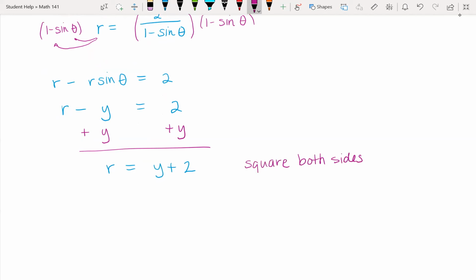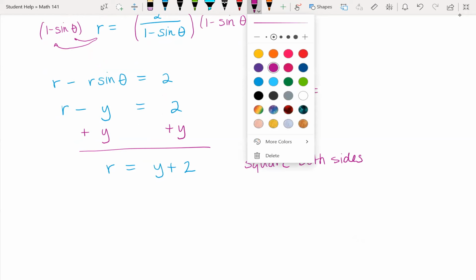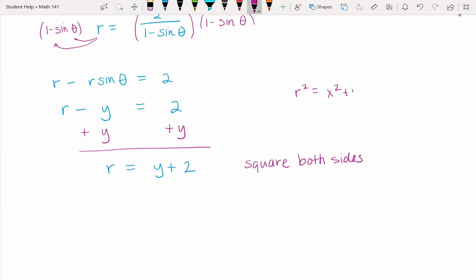Now I'm going to square both sides because I know that r squared is equal to x squared plus y squared, right? So I'll have r squared is equal to y squared plus 4y plus 4, or x squared plus y squared equals this whole thing.